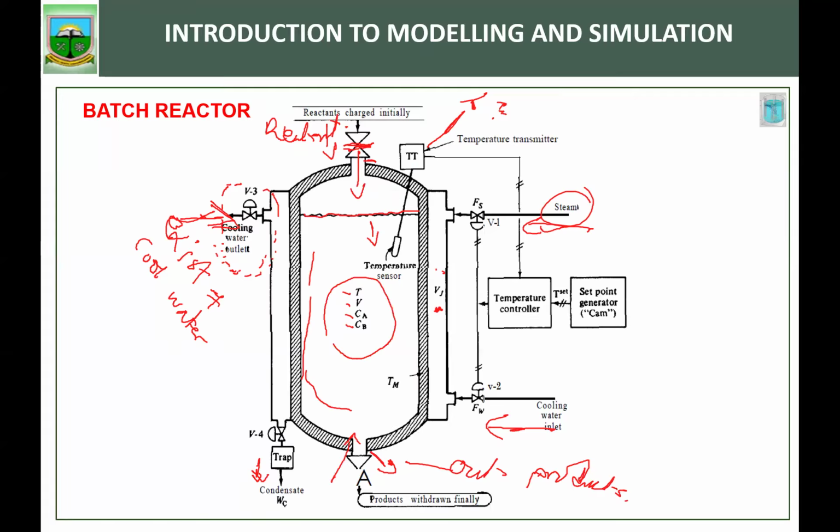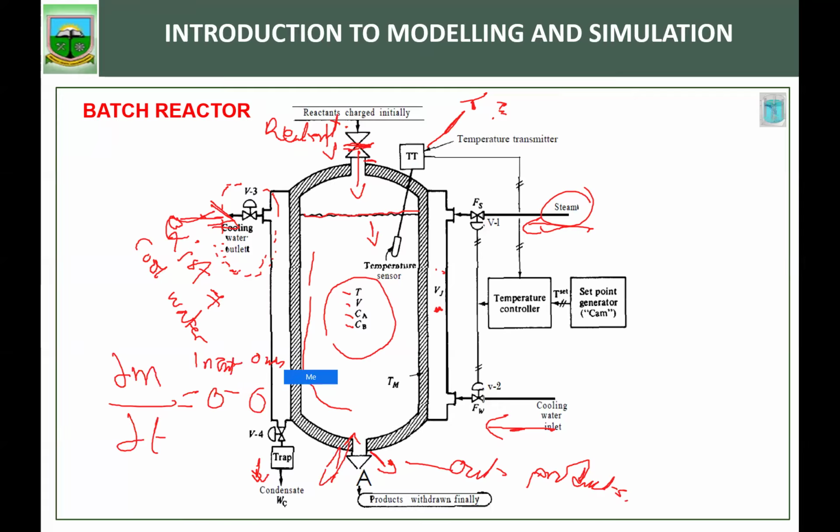But we know that whatever we put in here, we don't remove it in a batch process. We leave it there. When it's done, we take it out. So whatever we kept in is the same thing we are taking out. So therefore, the input will be equal to output. So you have a zero term for this. So you realize that the change in mass with time in this is going to be what? 0 minus 0, because it is input minus output.